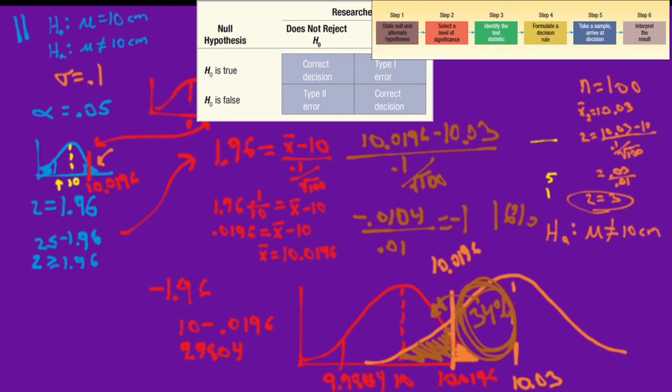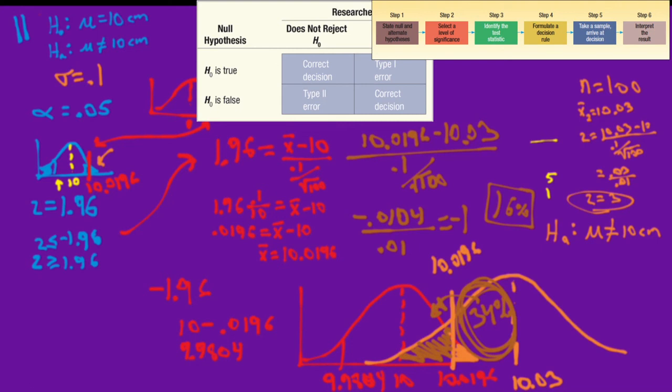So that's what I tried to drop here, was 16%. We know that if in fact the true population mean was 10.03, we would still fail to reject this null of 10 16% of the time. And that's about as good as we can do at giving a feel for the type 2 error.